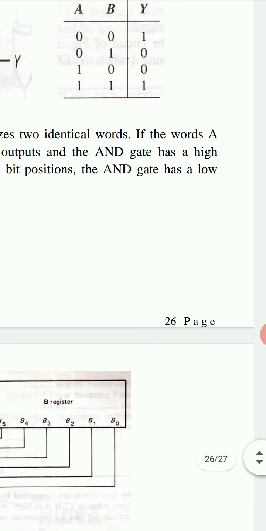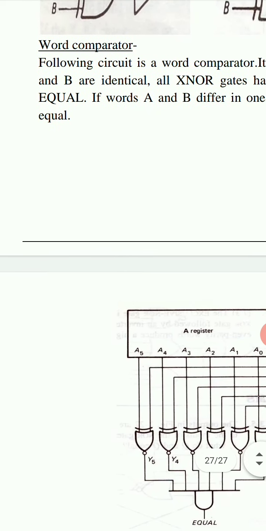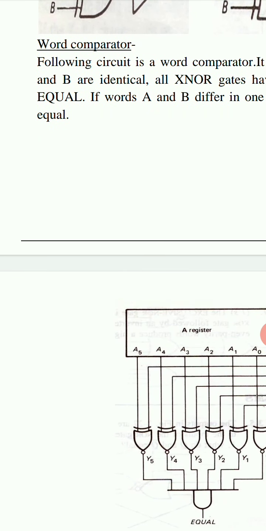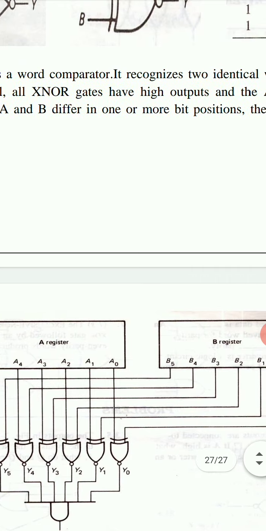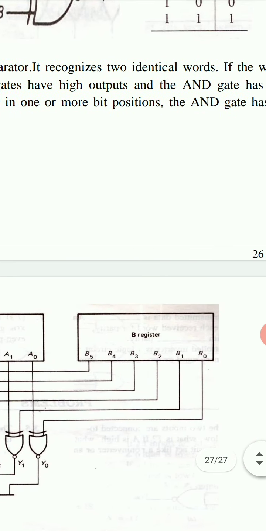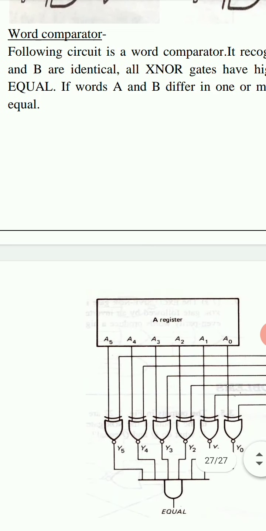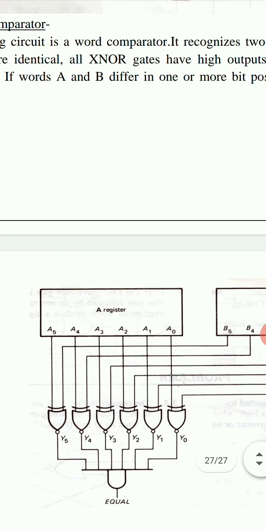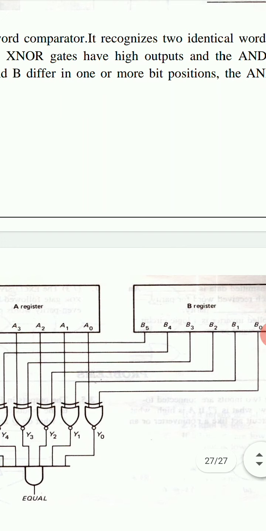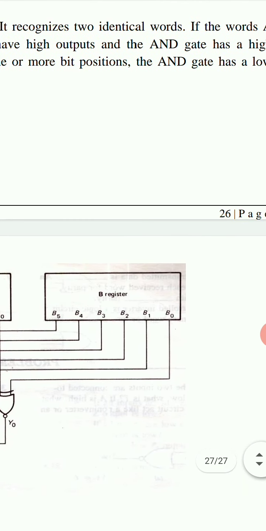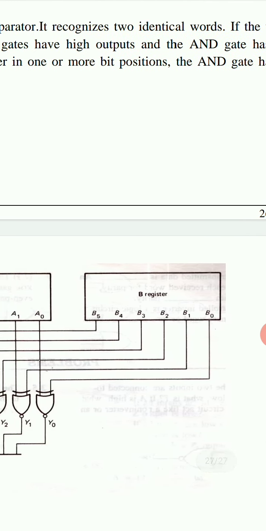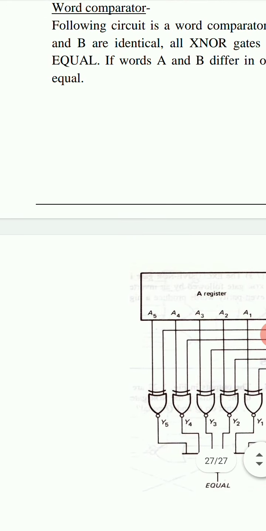If the words A and B are identical, all XNOR gates have high outputs and the AND gate has a high equal. If words A and B differ in one or more bit positions, the AND gate has a low equal.